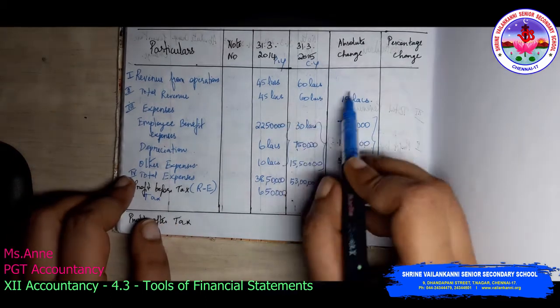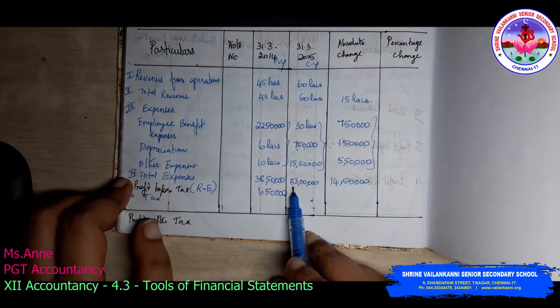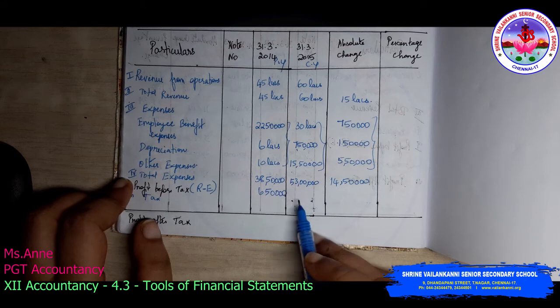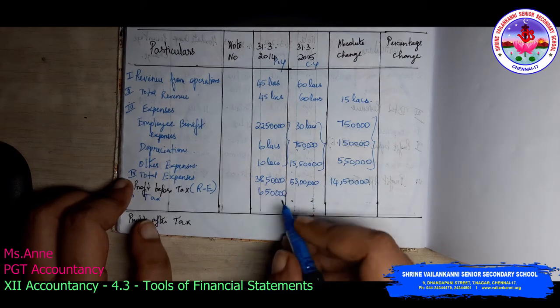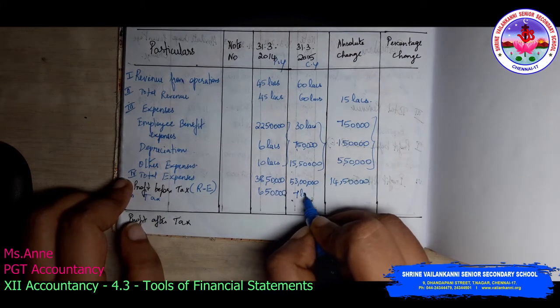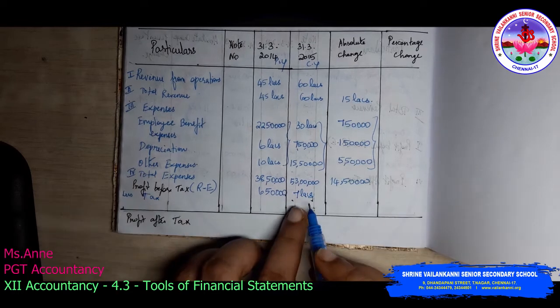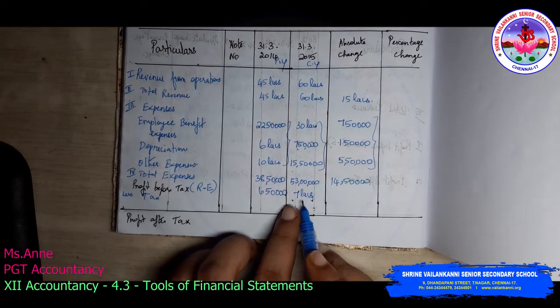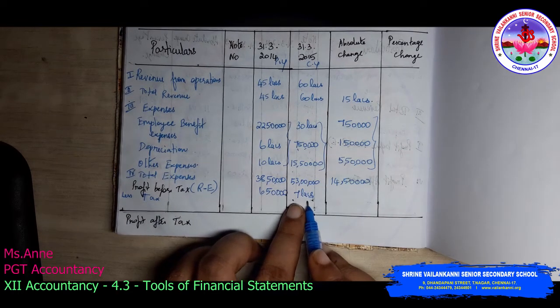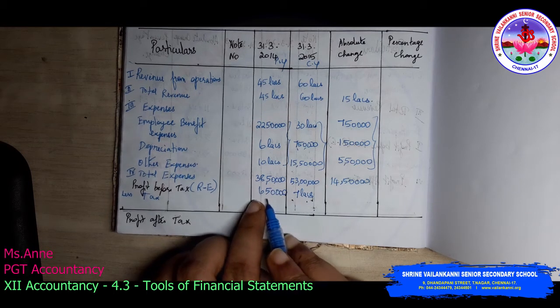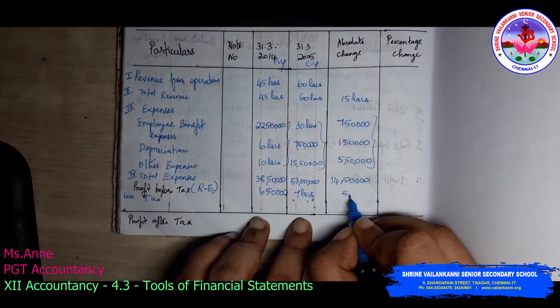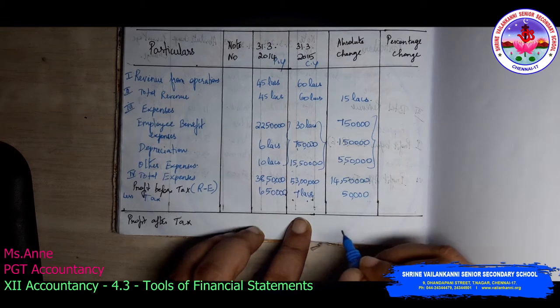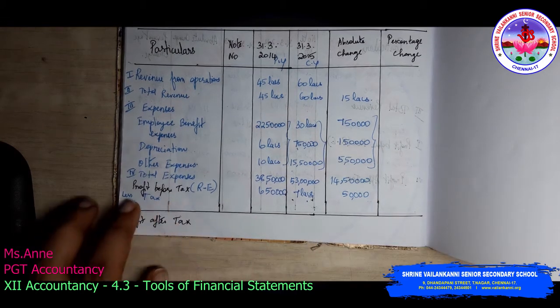For the next year I'm taking 60 lakhs minus 53 lakhs. I'm going to get 7 lakhs. So absolute change is going to be 7 lakhs, the current year, minus the previous year 6 lakh 50,000, so 50,000 here.